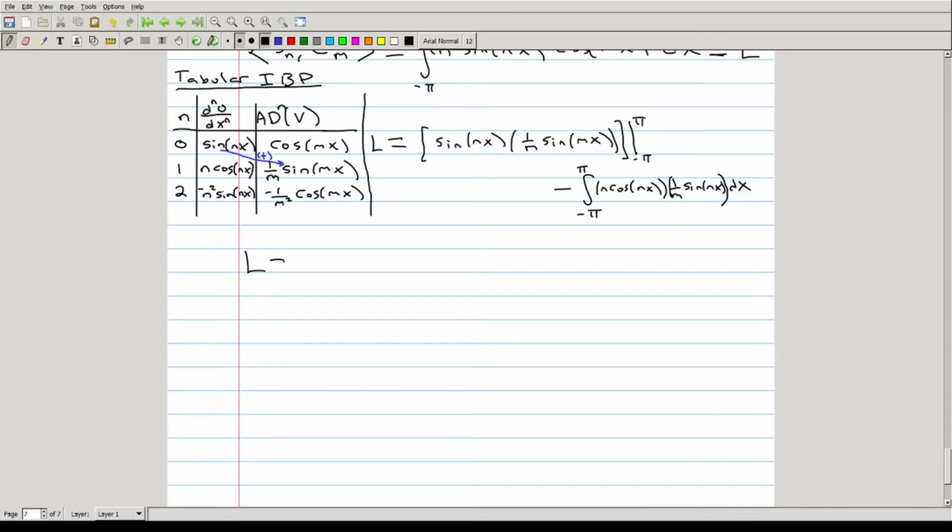our integral L is going to be positive this times this, which is 1 over m times sine of nx, sine of mx. And then when you do the integration by parts again on this, you're going to get another term which is positive or negative this times this right here.